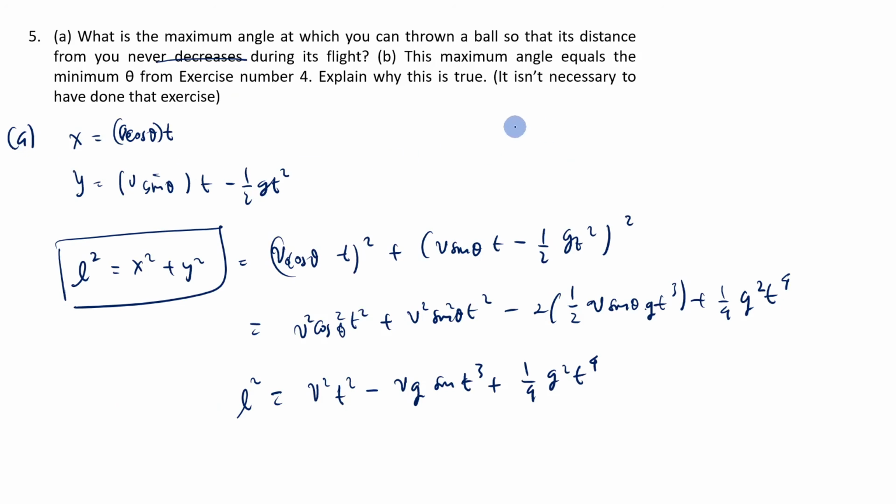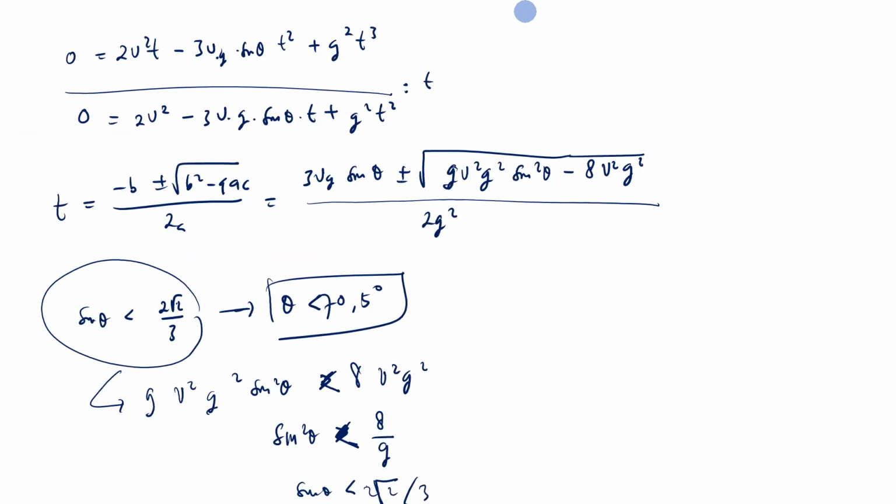This is the solution for the equation, and let's move to the B question. Let theta, this is the initial theta, be 70.5 degrees. If you throw a ball at an angle theta larger than theta 0, then there are actually two points in the flight where dl/dt equals 0.